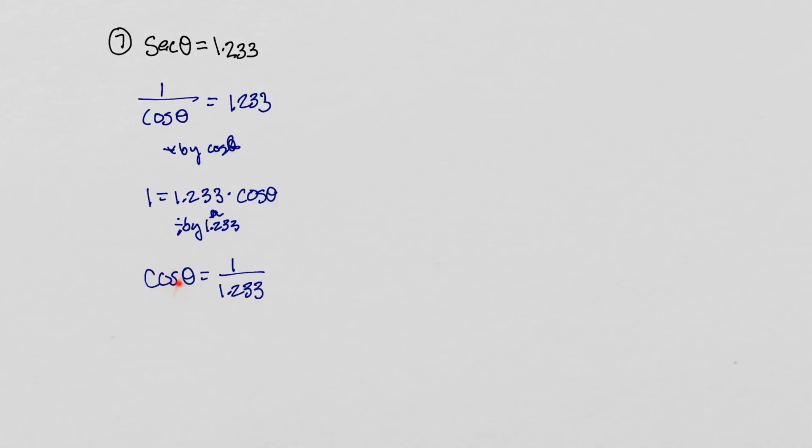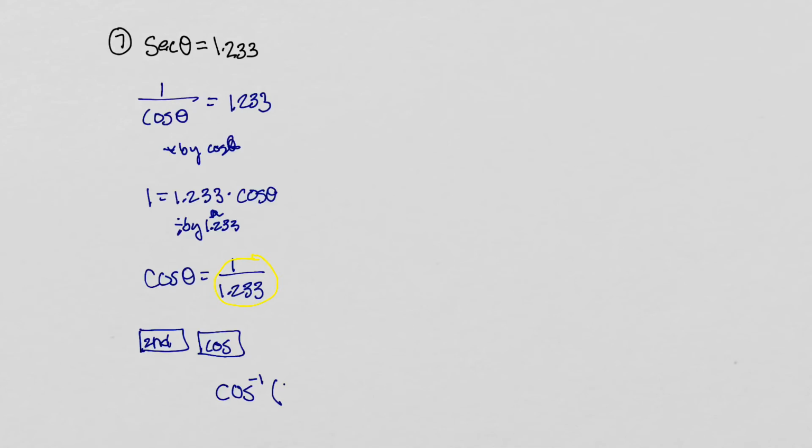Now, if you look right above the cosine key, you're going to see a second key. So what you want to do is you want to press second, and then we'll press the cosine key. And what that does, that's going to give us the inverse cosine, and then a parentheses. And what we want here is to type in this. So let's do that.